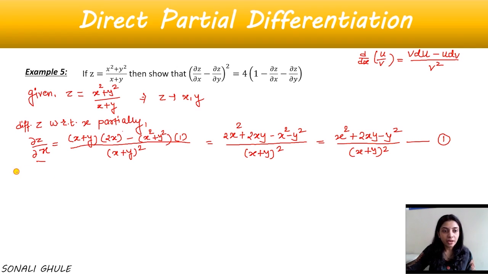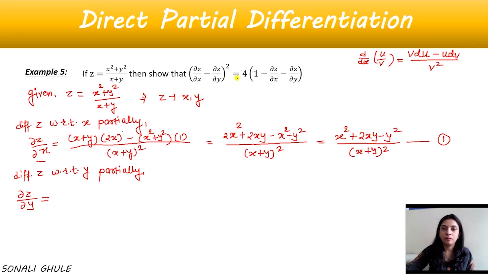Now similarly I can find the value of dou z by dou y. So now I have to differentiate z with respect to y partially, keeping x constant this time. First of all, write down the derivative of z with respect to y, a partial derivative, as it is a function of x and y. Now this is our z.